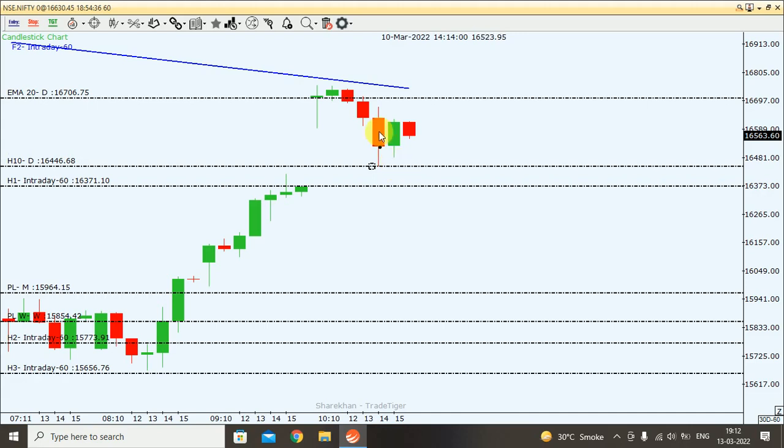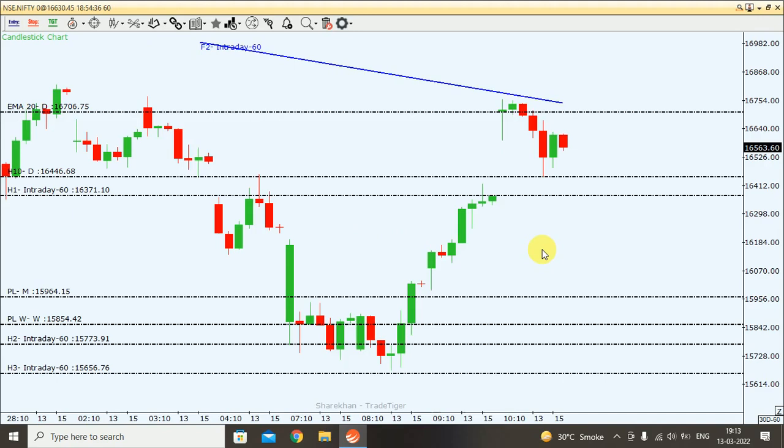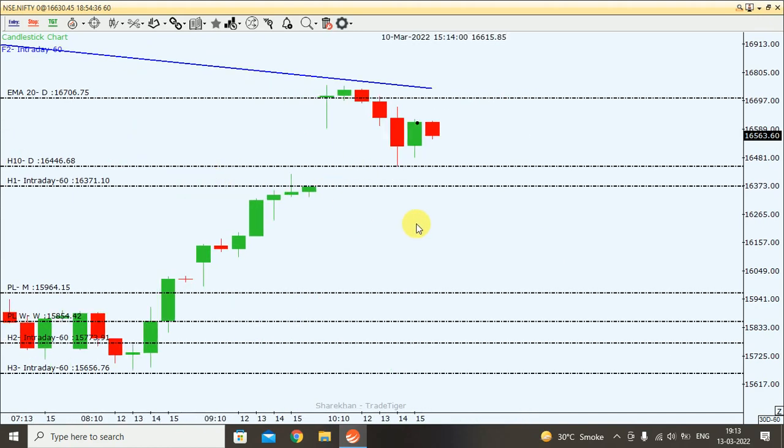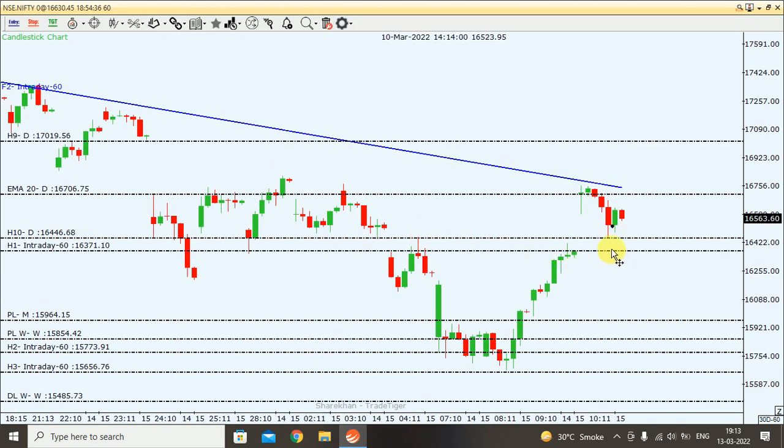based on this, let me refresh the chart. Yeah, so 16,446. If that low is broken, then we are going till 16,370 because there is a gap to be filled, right?